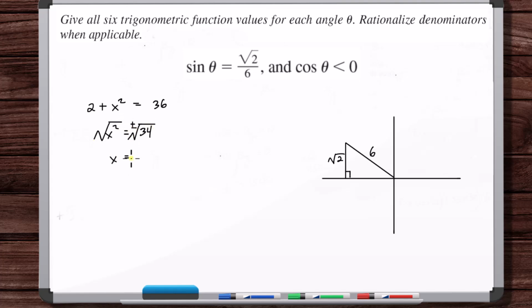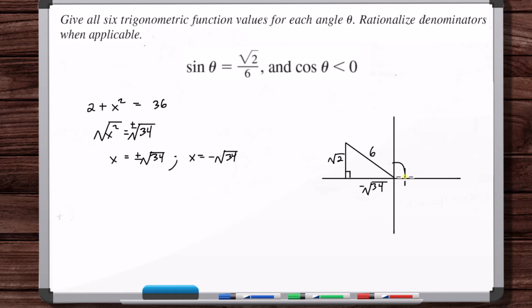So x is equal to root 34. 34 is 17 times 2, so that's it. But we know this is going to be negative. Right? And so there we go.